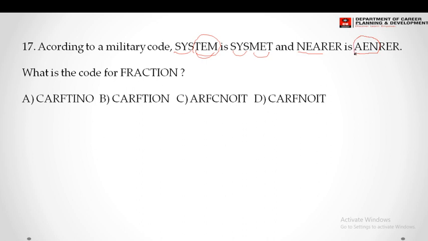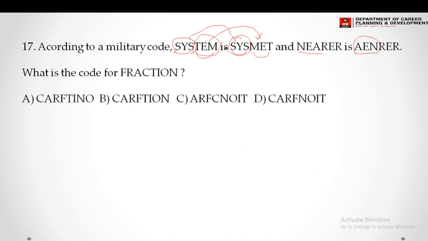The first two are written in reverse order, which means in this first system they are also using the reverse order, because SYS in reverse order is also SYS. So the first three are written in reverse order, then the last three are also in reverse order.